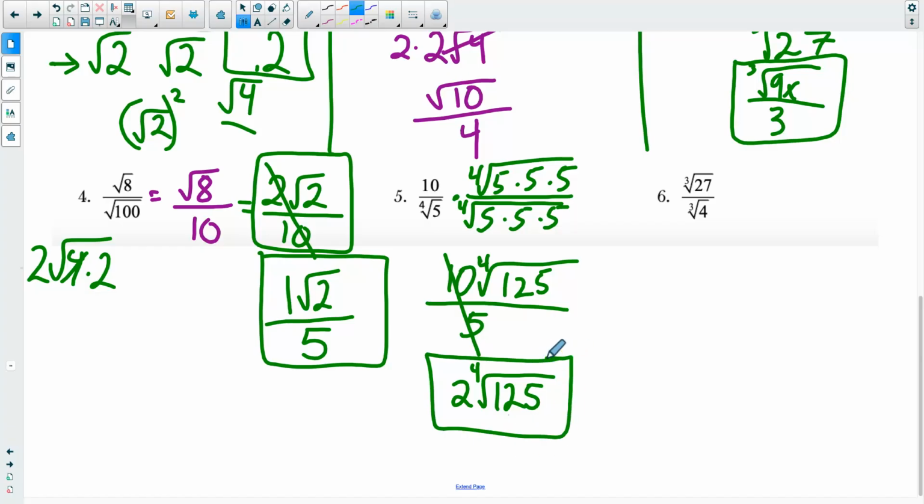So we get 10 divided by 5, just gives you 2. And then that 2 sits on the outside and 4th root of 125. Questions?